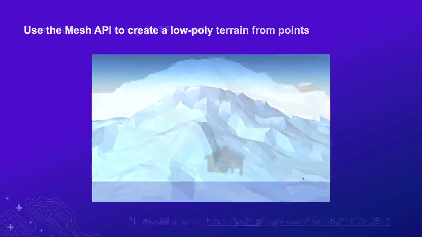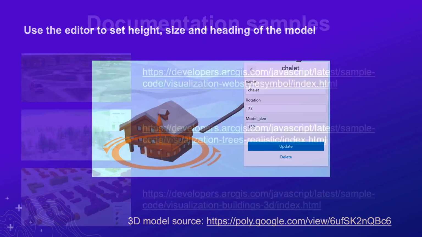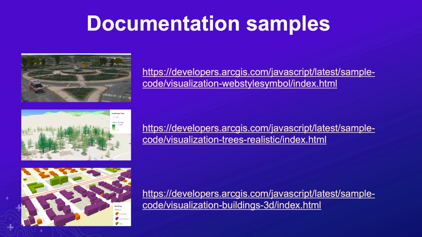And now for the final part, I would like to show you some more resources. So in our SDK on the developer side under JavaScript, we have a lot of samples. These are some samples that show features that we showed to you today.